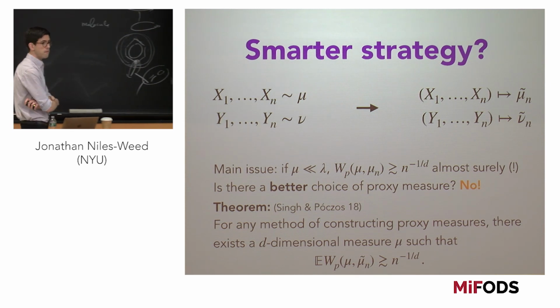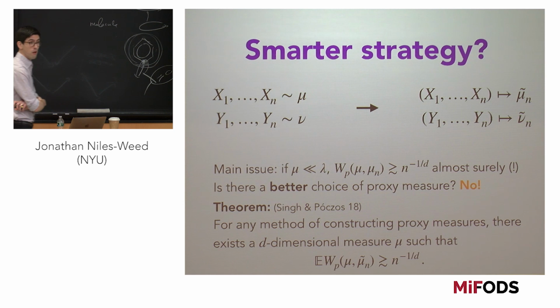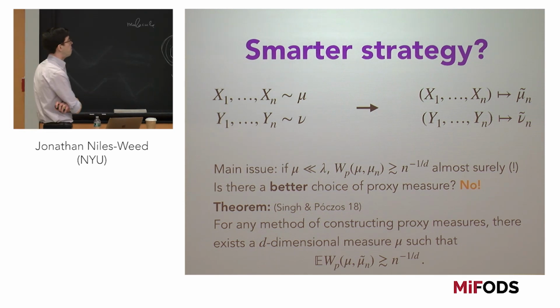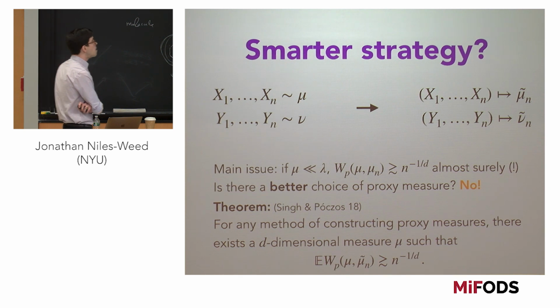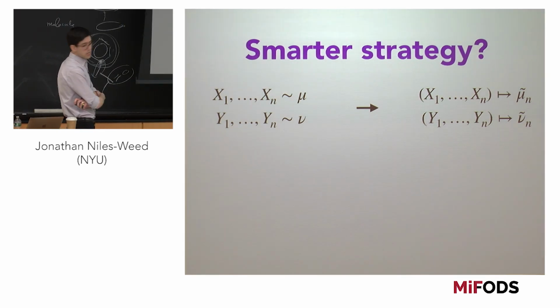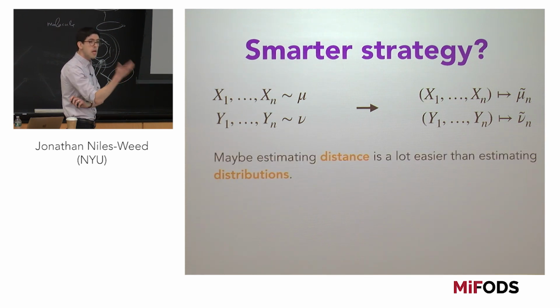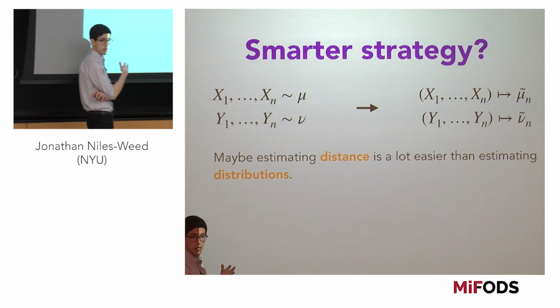Basically, the rates are different, you're saying? Well, I conjecture the rates are the same, but we don't know yet. So yeah, Kostas brings up exactly the right question, which is I am implicitly trying to solve a harder problem here in the sense that I have asked to construct distributions that are close to my underlying distributions in the Wasserstein sense. But it may be possible that just estimating the distance, which was my original task, is easier than this task, right?